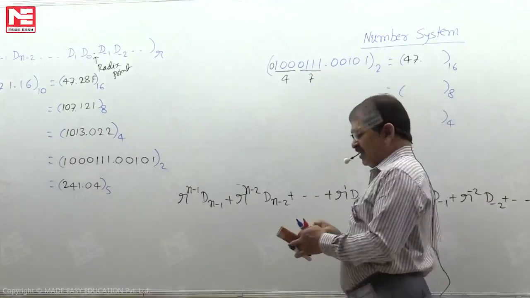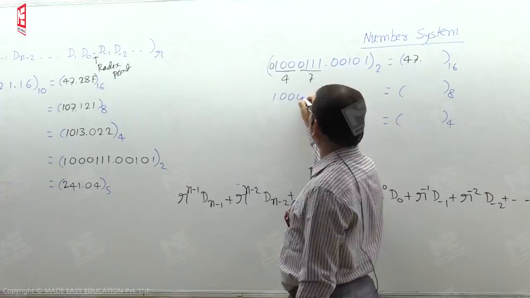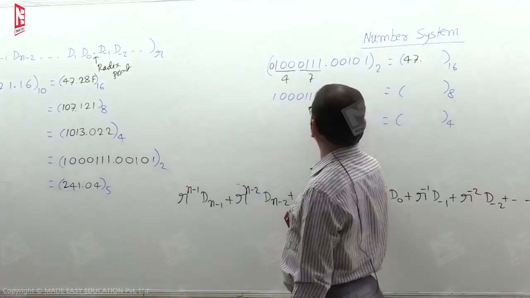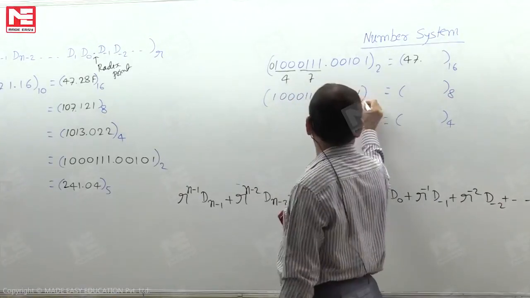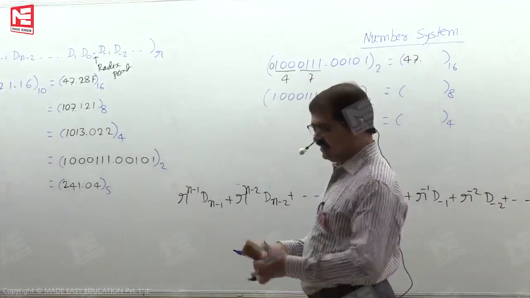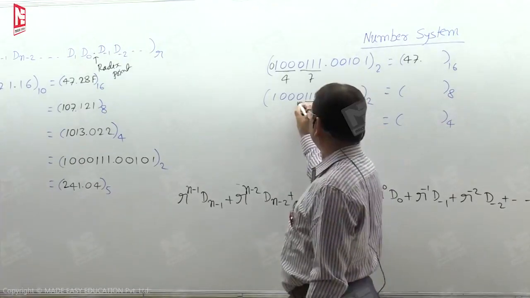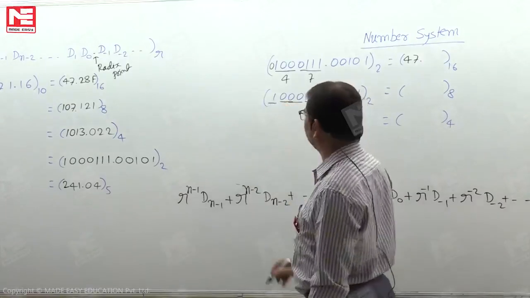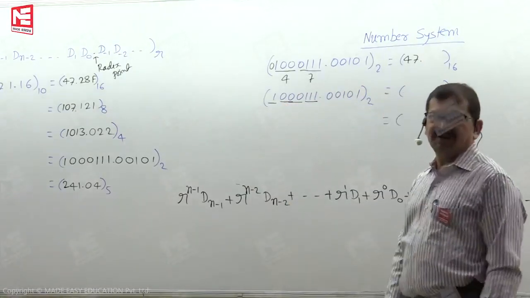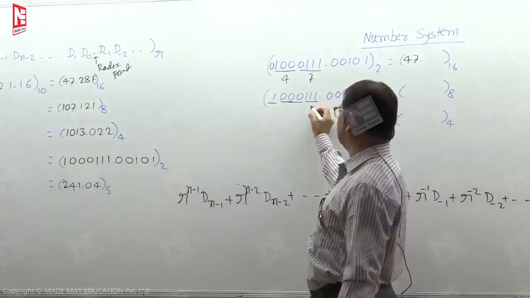Similar work, let us extend to octal and quaternary. For octal, I am talking first about the integer part. The group size, as I said, is 3 bits. So we have 3 groups here. For each group, as usual, we must read its equivalent octal digit.